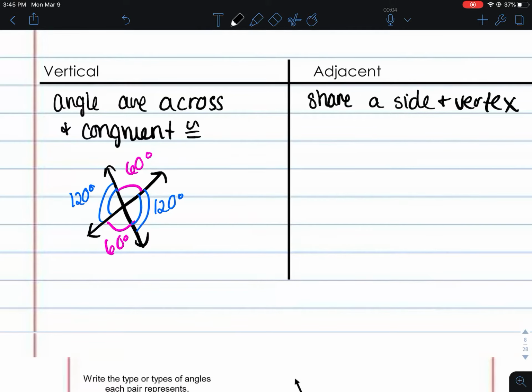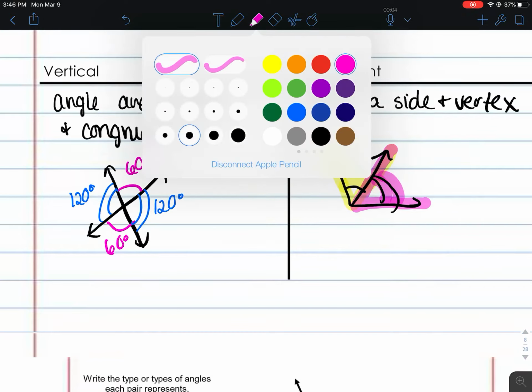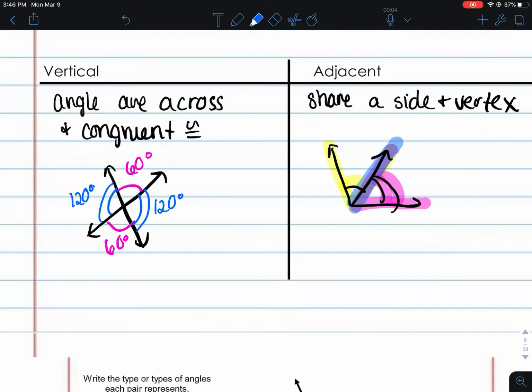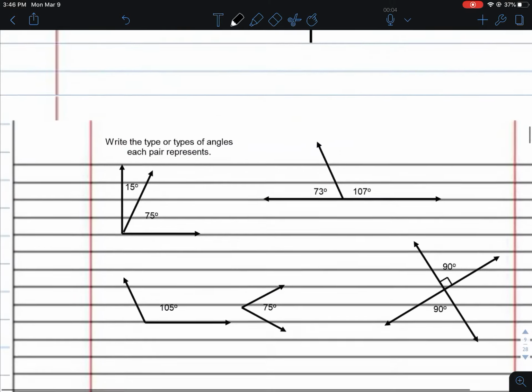So they don't necessarily have to add to anything, but let's say this angle and this angle here, they're adjacent because this angle is right there when we mark it, and the other angle is over here, and you can see right here, they share this side together. So those are adjacent angles. They don't necessarily add to anything. They can, but adjacent just means that they share a side.